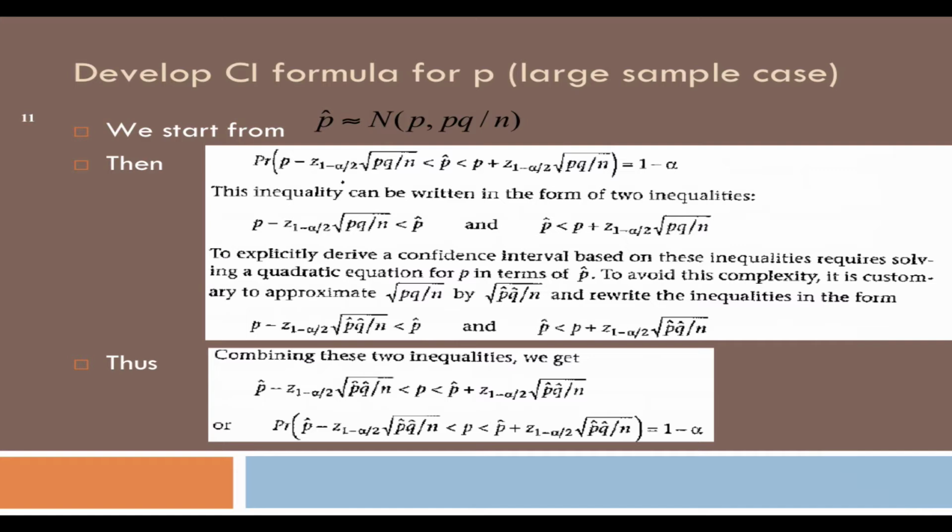We always put Z here. And the reason for that is here we are assuming that N is sufficiently large that the T or Z quantile doesn't really make a difference, because this is called the approximation confidence interval for population prevalence.